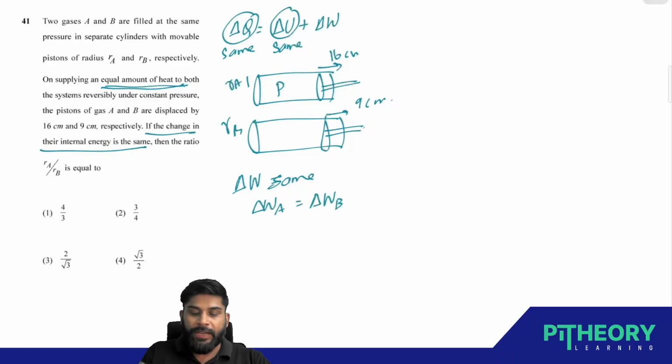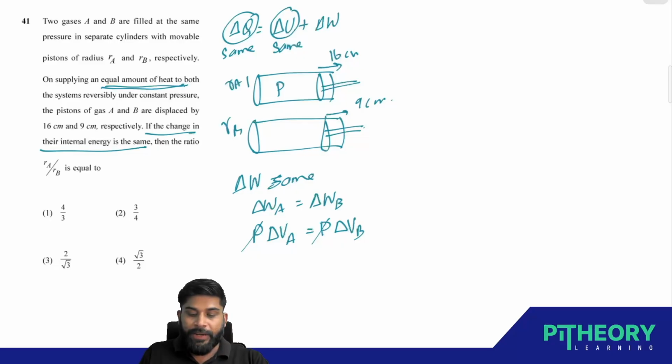Now what is work done? At constant pressure, you can write P delta V for cylinder A, and P into delta VB for the second one. So pressure P gets cancelled off. The radius is not changing, it is the length that is changing because the piston is moving.